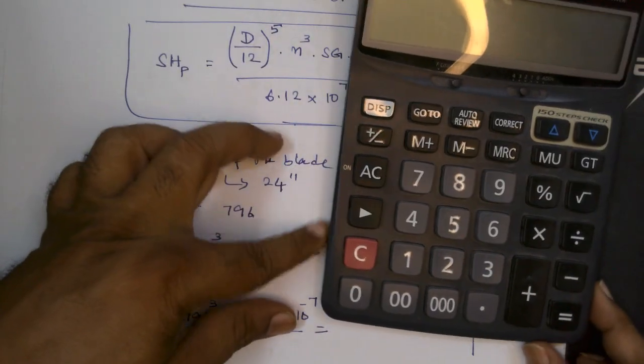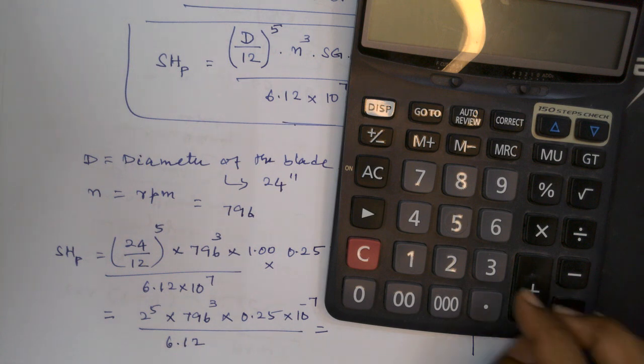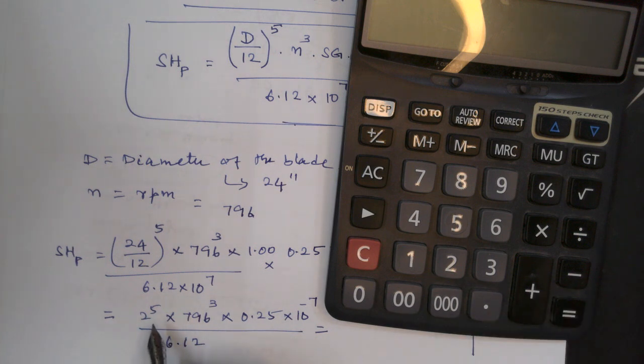So 2 power 5 is 2 2s are 4, 4 4s are 16, 16 into 2 is 32.